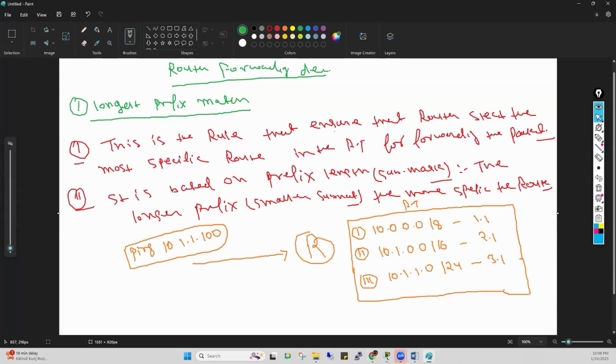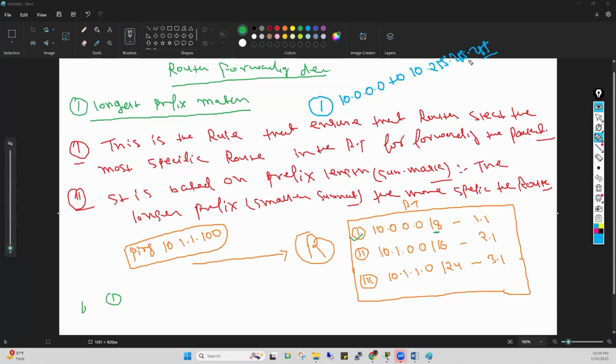If you see entry number 1, what do you mention here? /8. It means according to the first entry, you are covering 10.0.0.0 to 10.255.255.255.